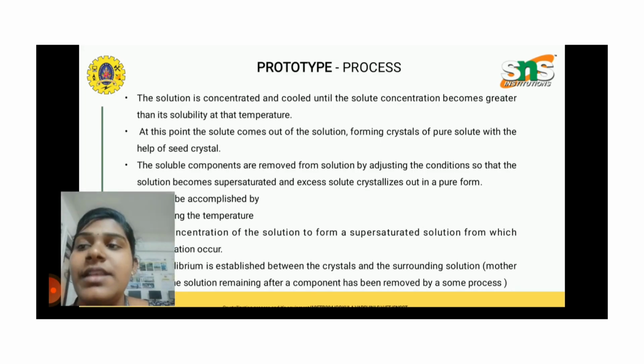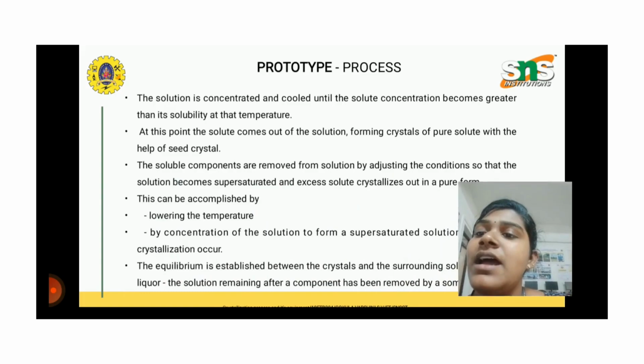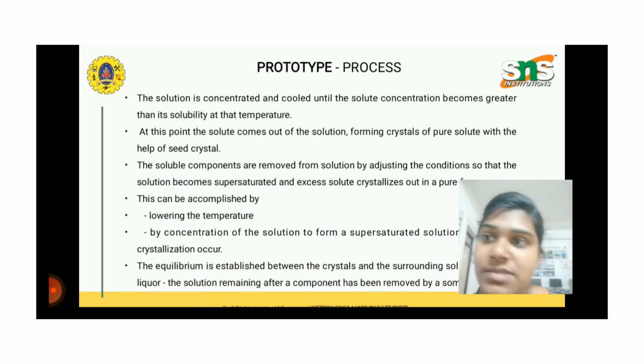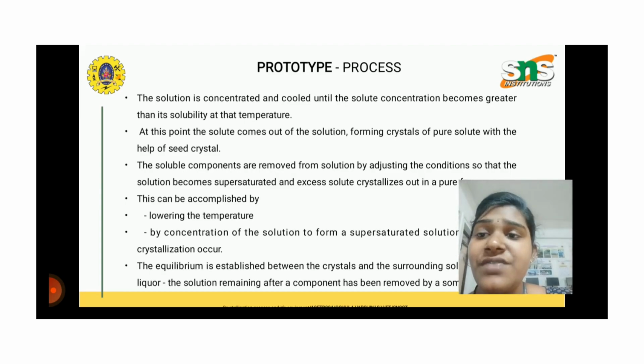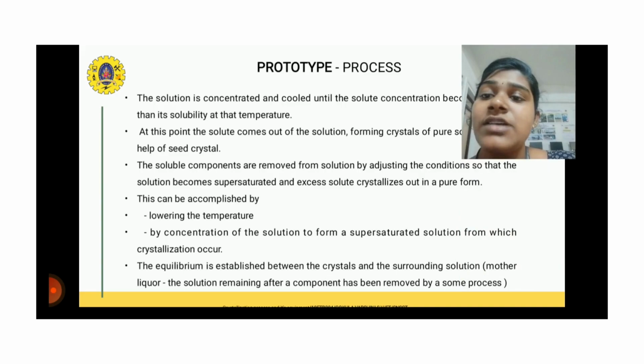The soluble components are removed from the solution by adjusting the conditions so that the solution becomes supersaturated and the excess solid crystallizes out in pure form. This can be accomplished by lowering the temperature and by concentrating the solution to form a supersaturated solution from which crystallization occurs.